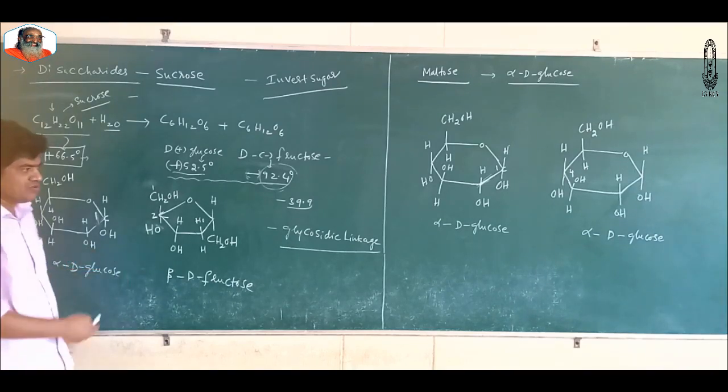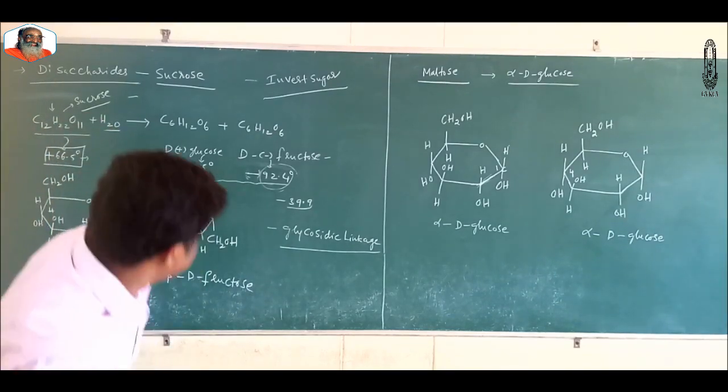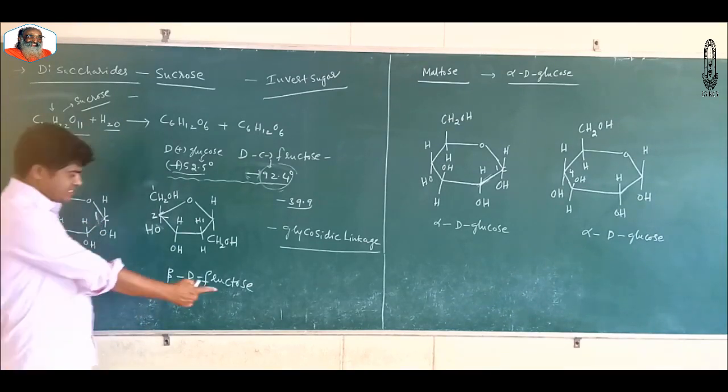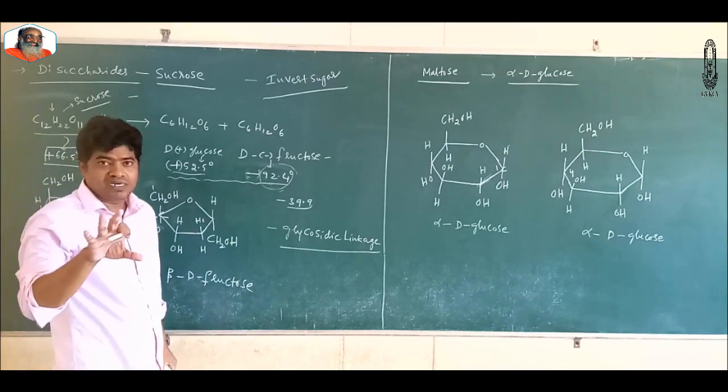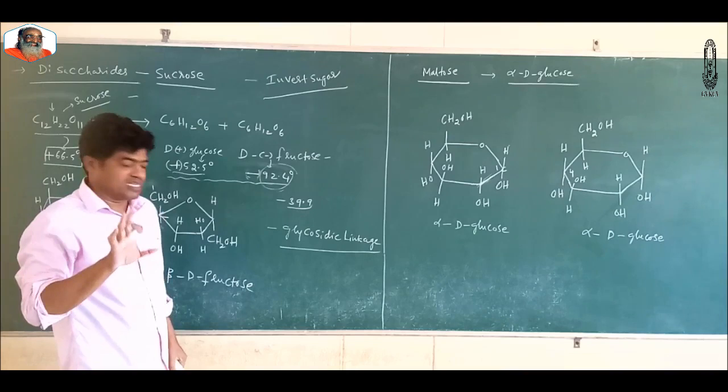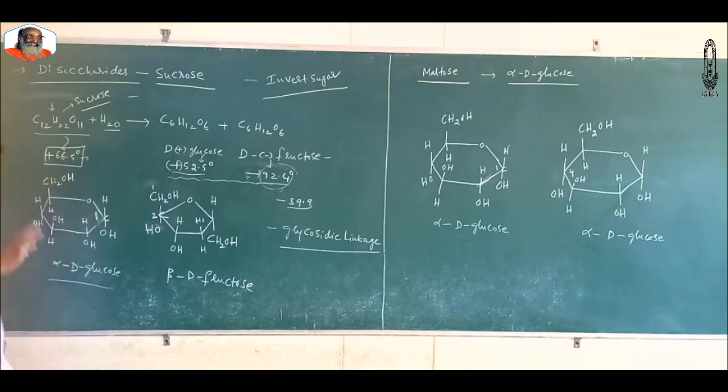That I will be showing now. Please see here. This is the structure of alpha D glucose. This is the structure of beta D fructose. You need not memorize structures. They won't ask you to draw structures in examination, but you have to remember where this glycosidic linkage forms.